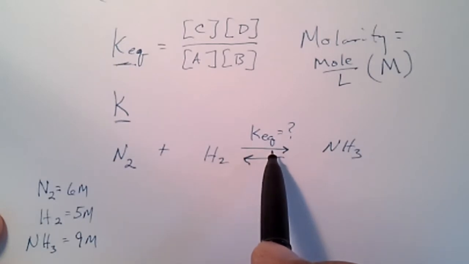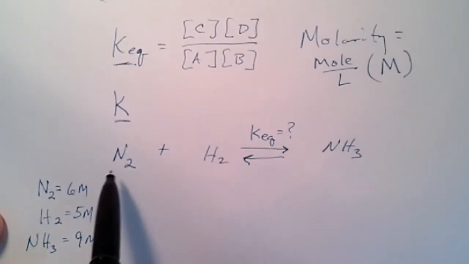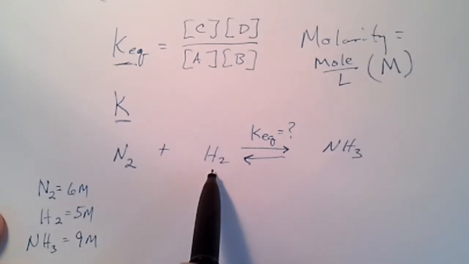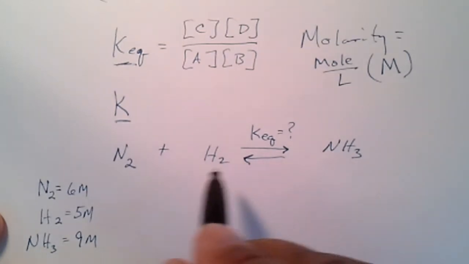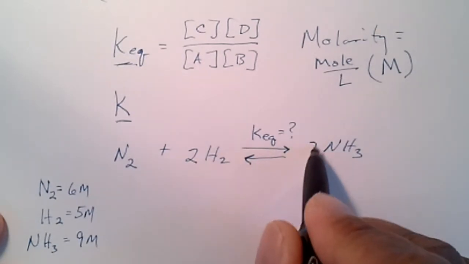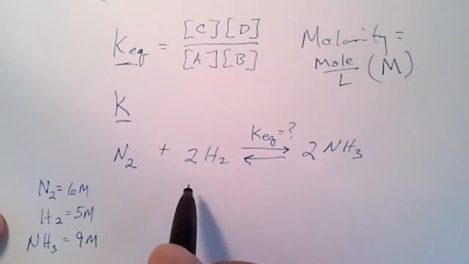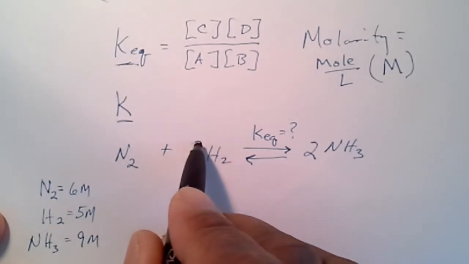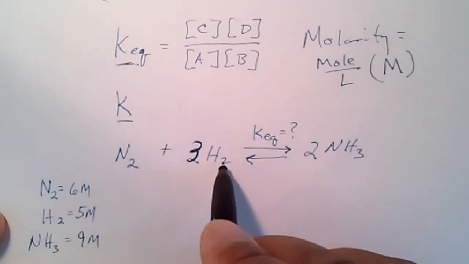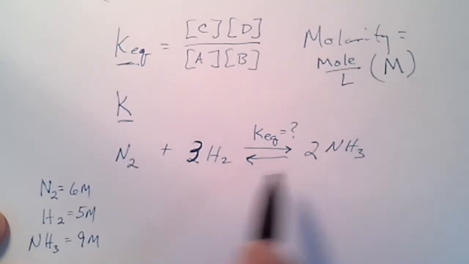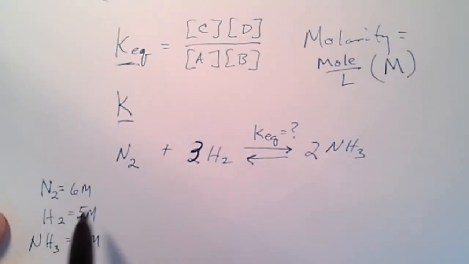Well, the first thing in every chemical reaction you must do is balance the equation. And so in order to balance this equation, I'm going to need 2 moles of ammonia, 3 moles of hydrogen, which give me 6 hydrogens on each side, and 1 mole of nitrogen, giving 2 nitrogens.